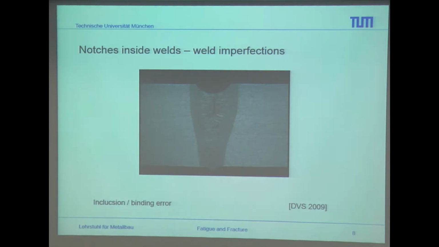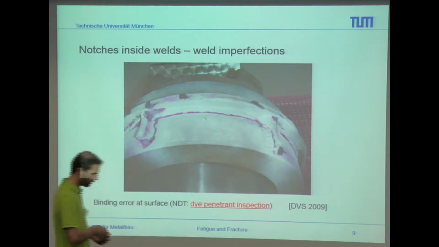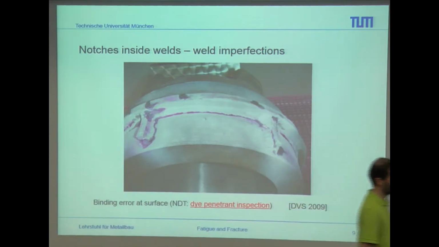The next one is the inclusion, but also the binding error. Here you can see the same, some binding error at the surface. This is something we already had in the pictures before. For example, it can also occur for a butt weld.